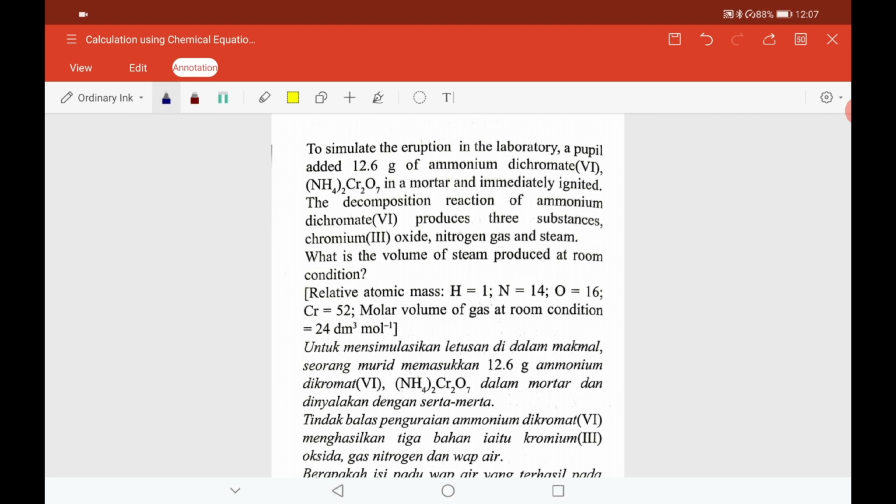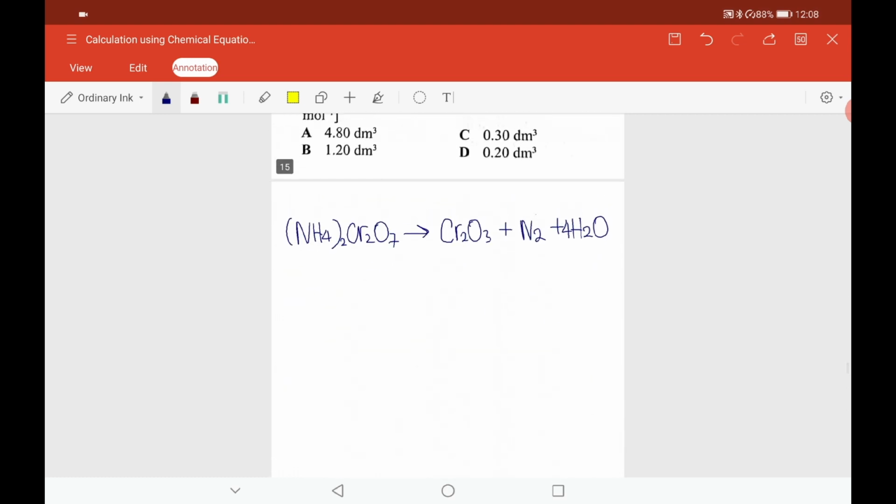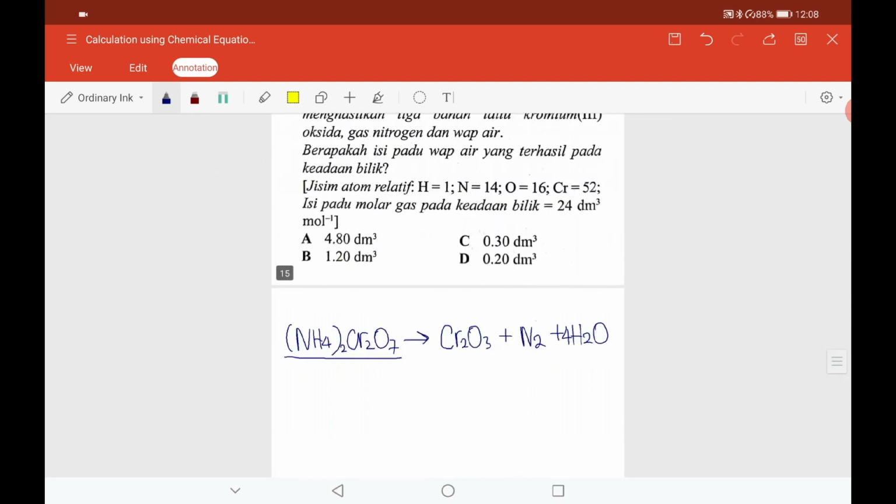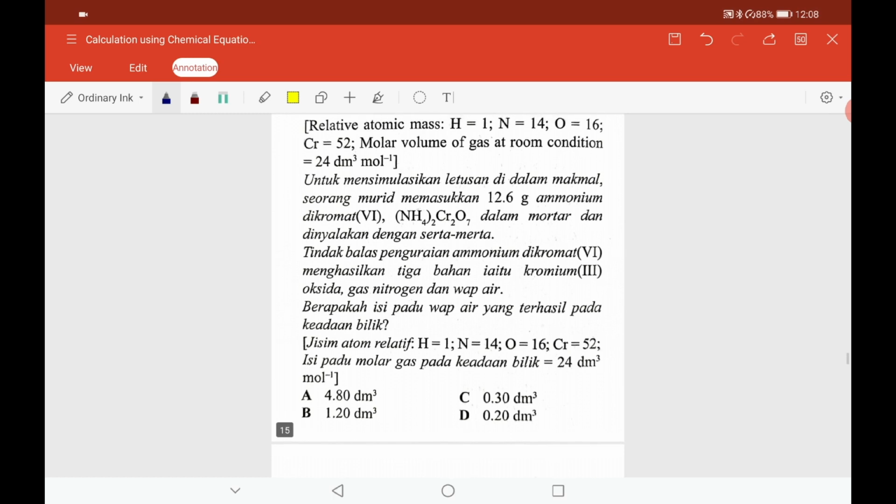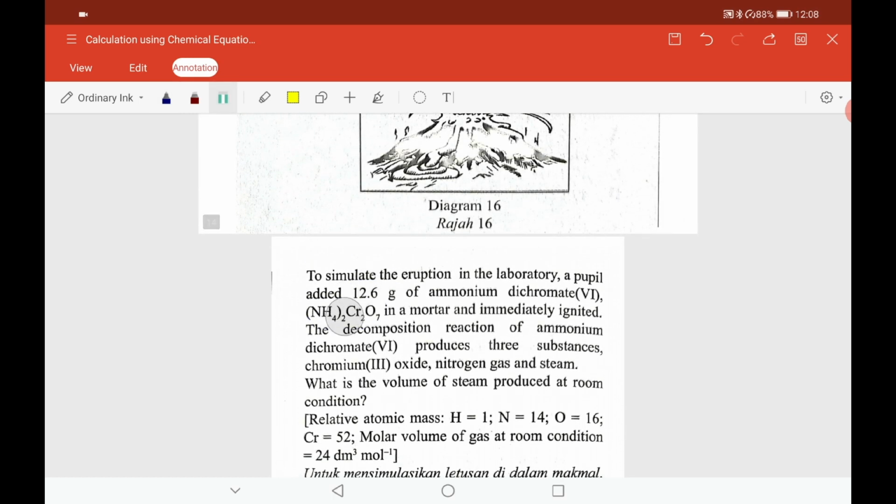We are given 12.6 gram of (NH4)2Cr2O7. What is the calculation that we want to do?